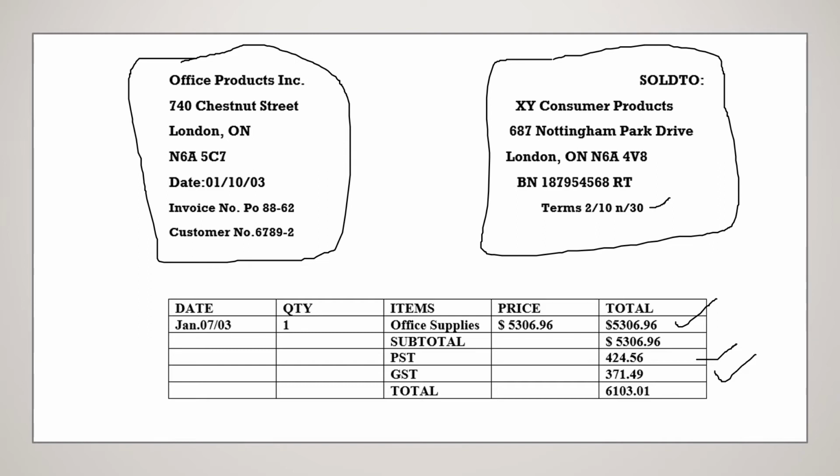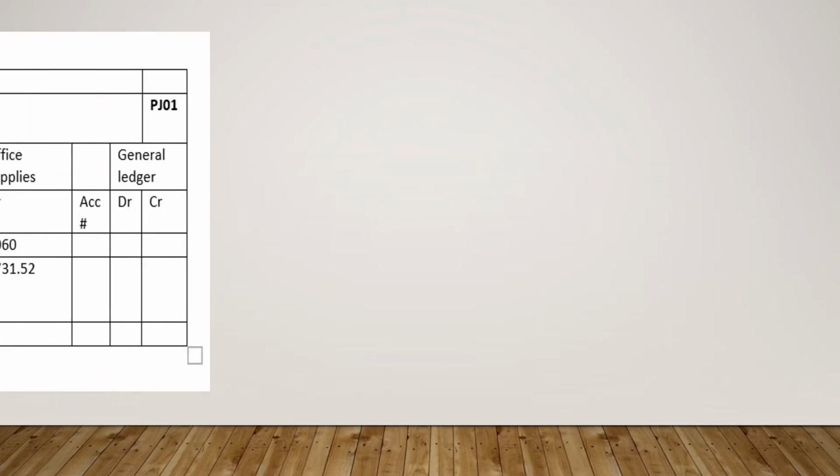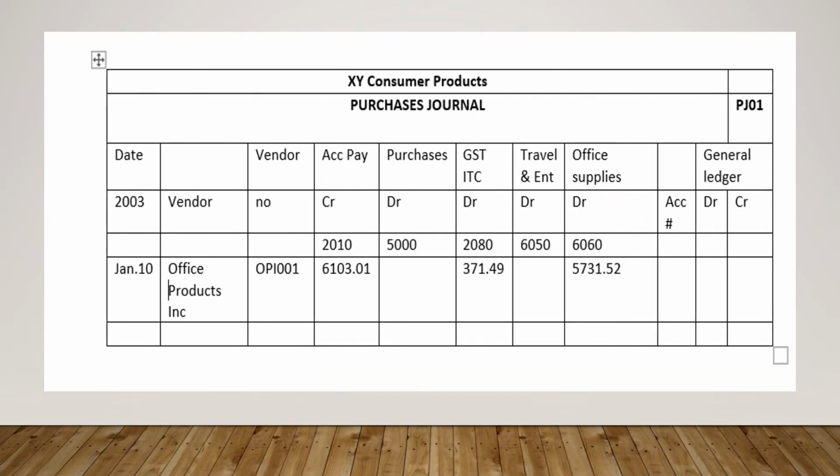So the next step will be your company preparing purchase journals. The purchase journals will show you the date of the invoice, and then it will show you the vendor and then the vendor number, account payable. In the purchase journals, you have account payable.